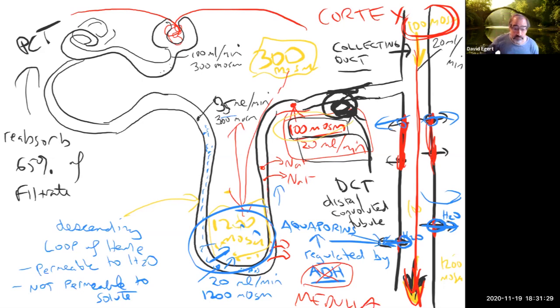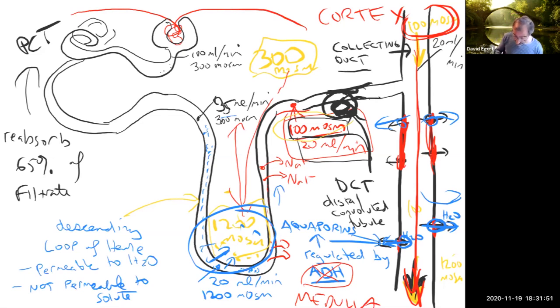So that's one of the big things happening in the collecting duct. The one other thing happening in the collecting duct is a hormone which you've also met when we talked about the renin-angiotensin. Aldosterone can turn on additional sodium reclamation here.